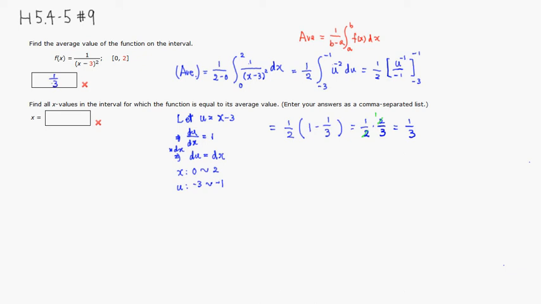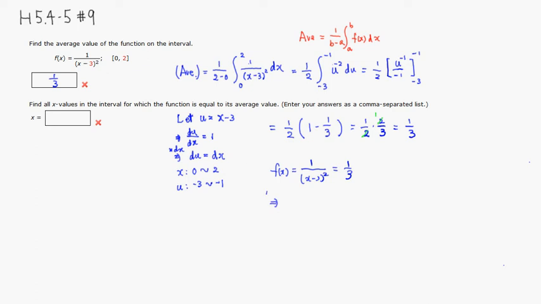Then we want to find the x value on the interval which makes this function equal to the average. So we just have to set f of x, which is 1 over (x minus 3) squared, equal to 1/3.